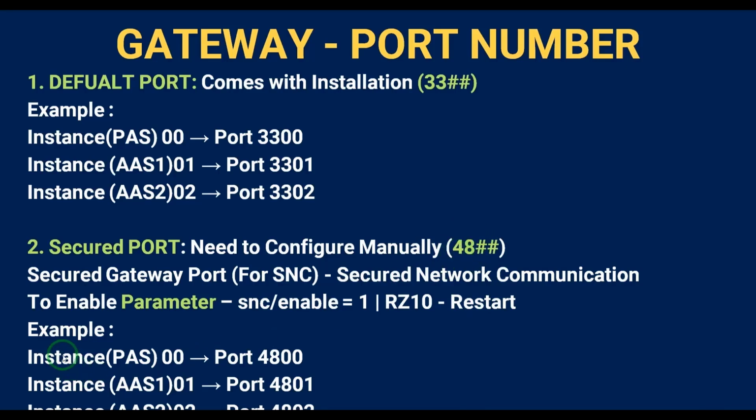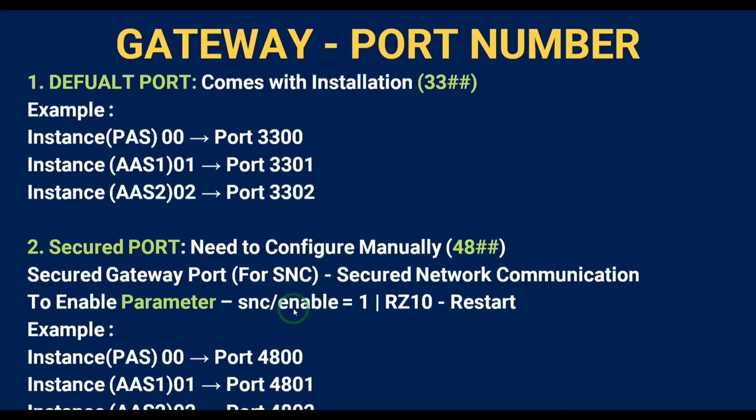If you want to configure it for instance PAS 00, the port number will become 4800. If you are using SNC for secure communication and the instance number is 01, the port number will become 4801. Likewise, based upon the instance number, the port number will change. But 48 is common for secure connections, and 33 is common for default ports. These are the gateway port numbers.